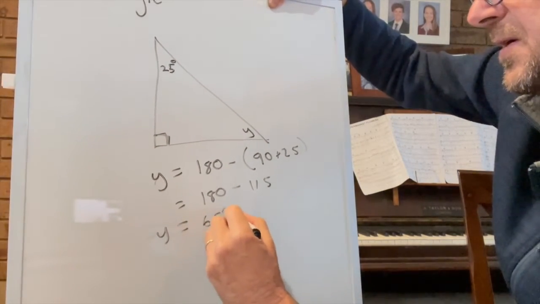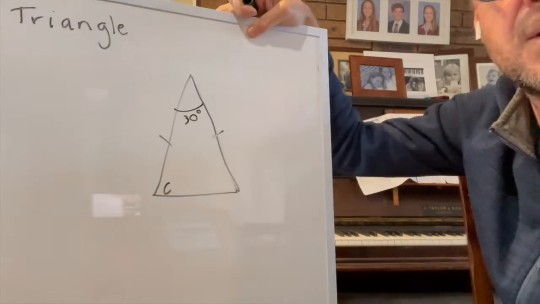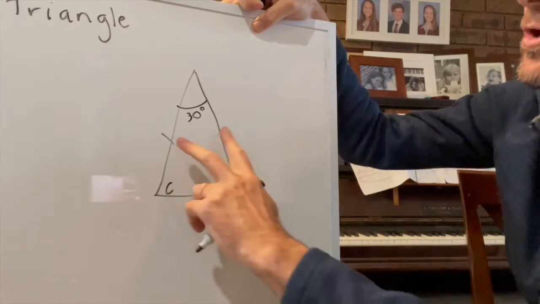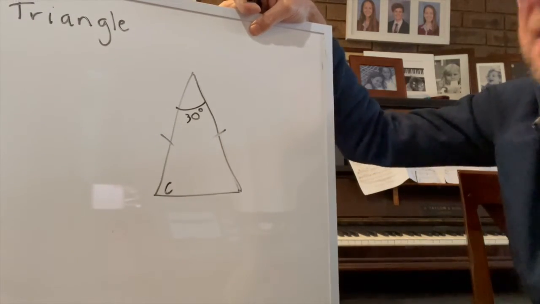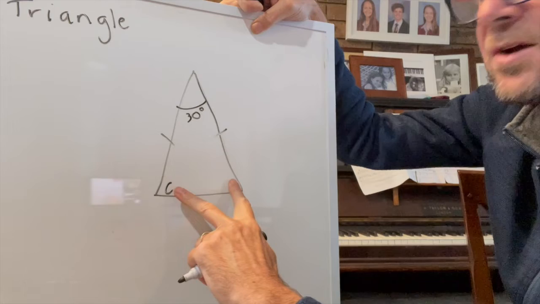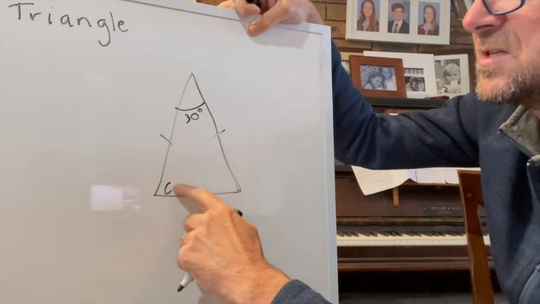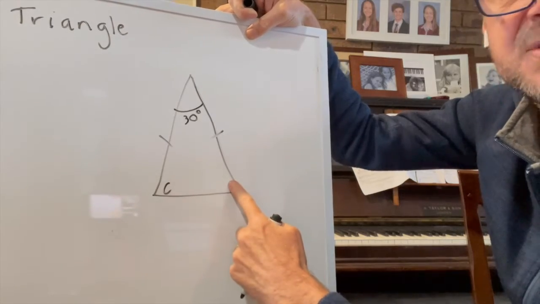65 degrees. Okay, so here we have an isosceles triangle because we have the two sides here the same length, which means these two angles are the same. So in other words, we know that angle C is going to be the same as the angle here.